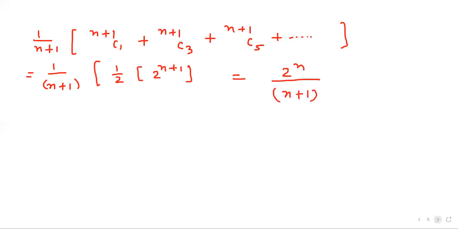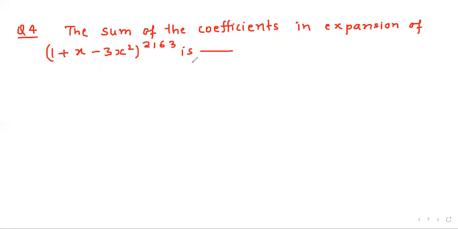Now, let's consider the next question. The sum of the coefficients in the expansion of (1 plus x minus 3x squared) whole power 2163 is. So it is a very simple question. Put x equal to 1.